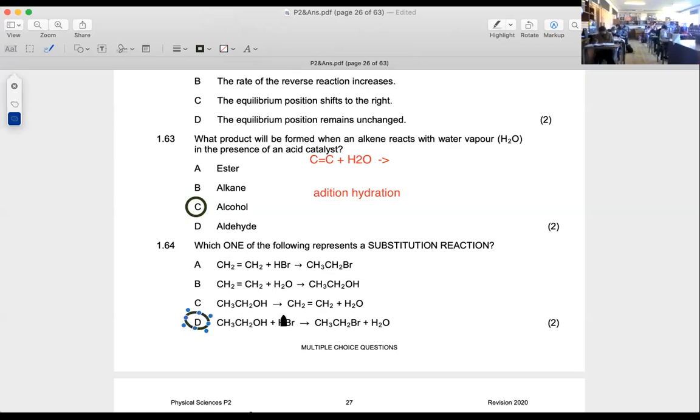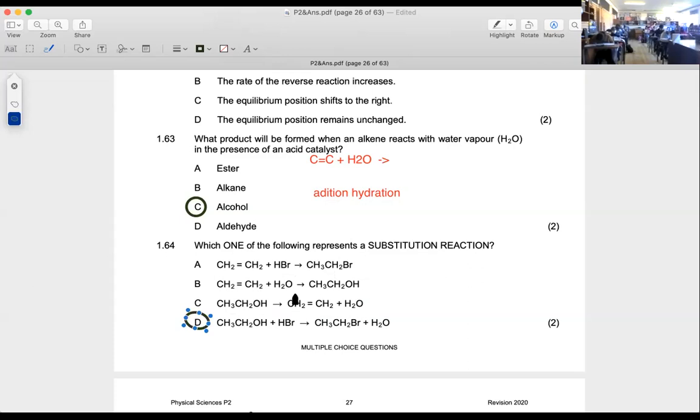How else do I know it's substitution? I start with 2 compounds and I end with 2 compounds. If you look at these, you start with 2 reactants, you end with 1 product. Look at this one. You start with 2 reactants, you end with 1 product. So when you start with 2 and you end with 1, that's called addition. Here you start with 1, you end with 2.